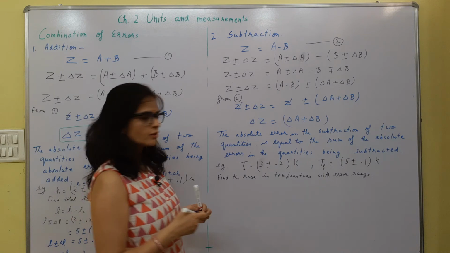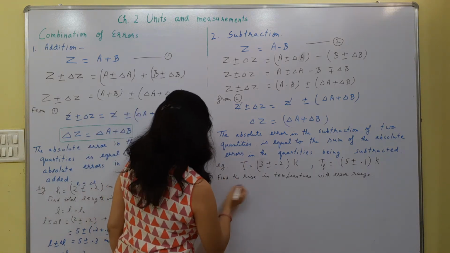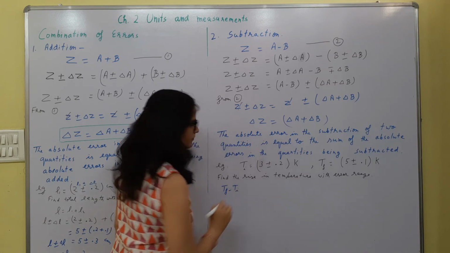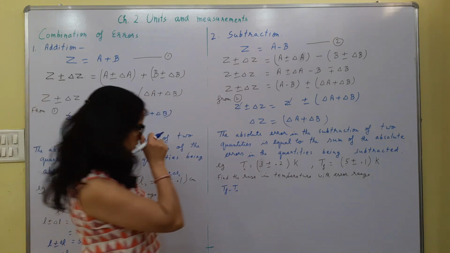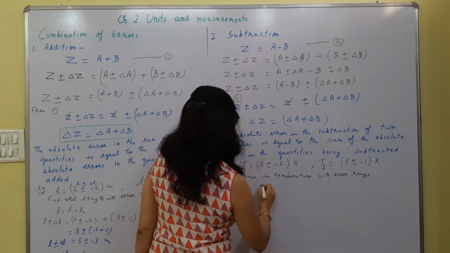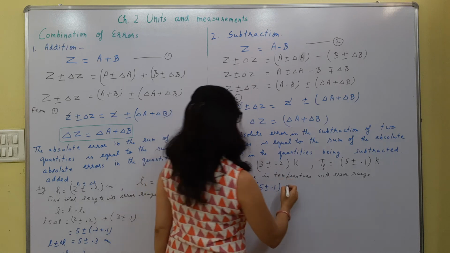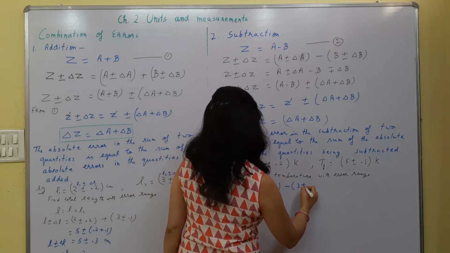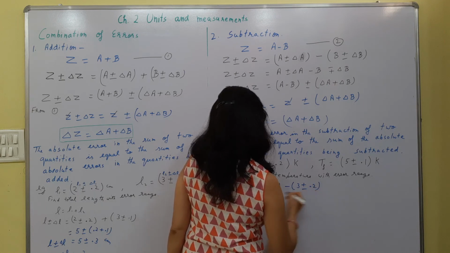So what will be the solution here? Again, as before, we know we have to find Tf minus Ti, right? So, how will I write? Tf minus Ti is 5 plus minus 0.1 minus 3 plus minus 0.2, right?